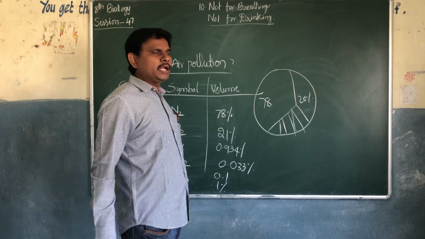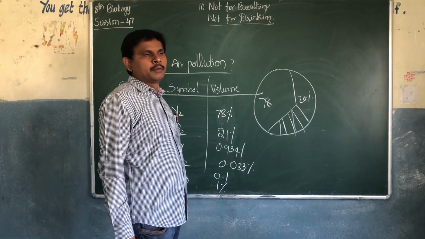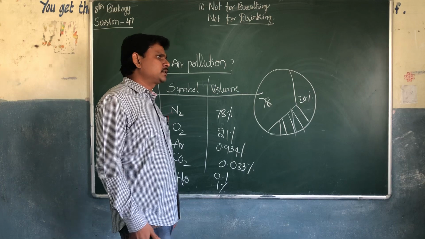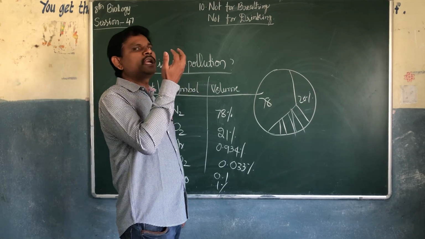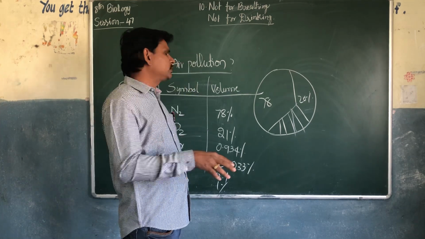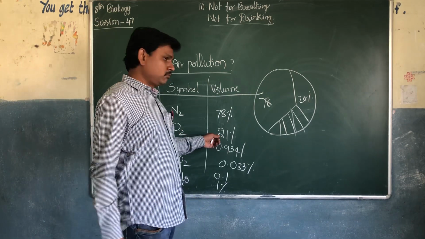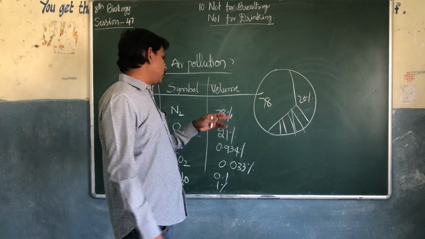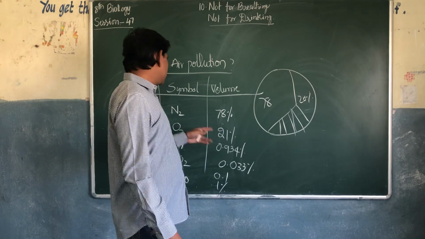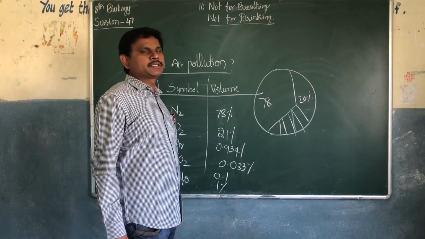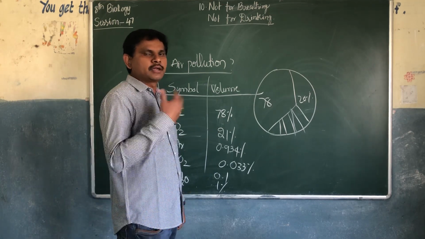Our body needs nitrogen, and plants need nitrogen. When we breathe in, 78% nitrogen, 21% oxygen, and 0.033% carbon dioxide enter the lungs.